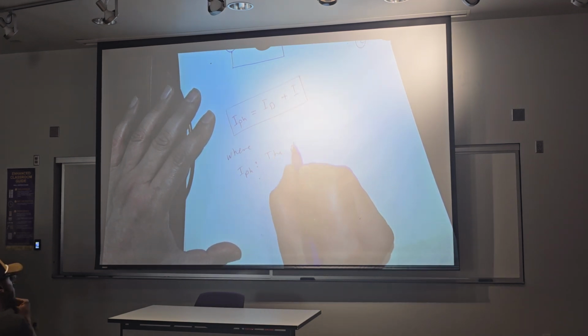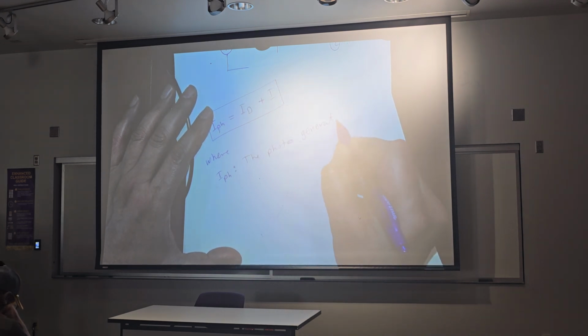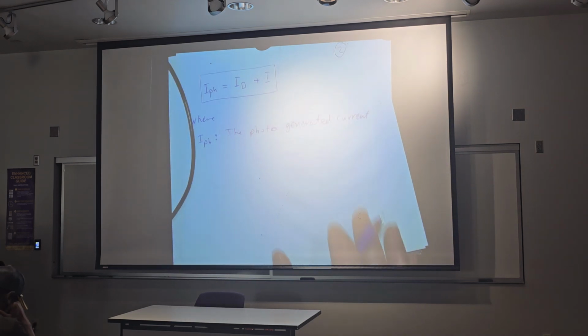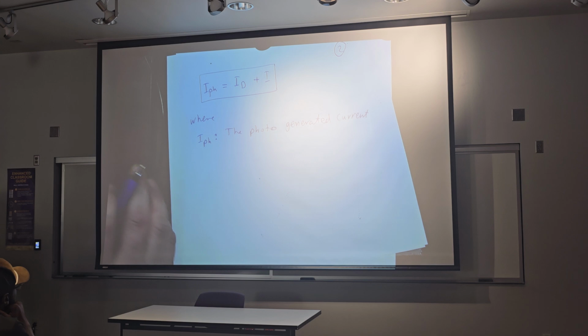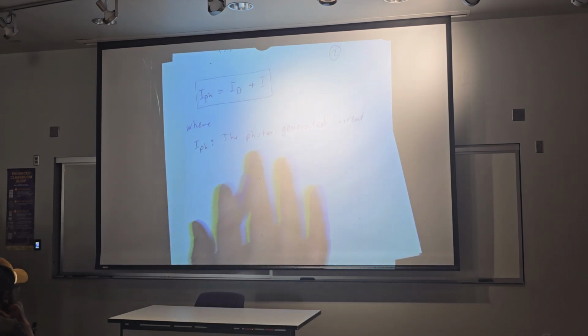the photo generated current, in ampere, in milliampere, okay? Why?